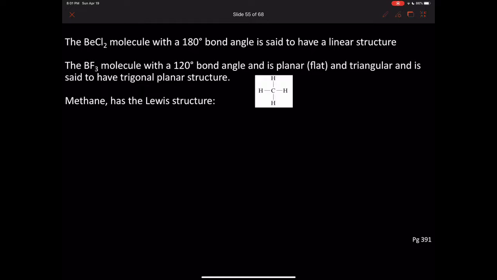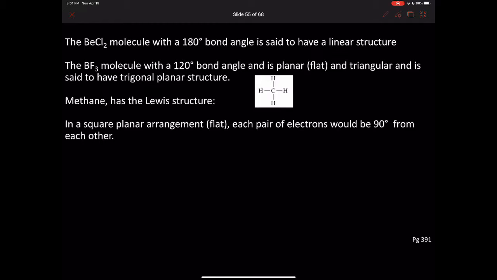Methane has this Lewis structure right here, carbon surrounded by 4 hydrogens with single bonds. If it were in a square planar arrangement, being flat, each pair of electrons would be 90 degrees from the other, right? This right angle right here that we see.